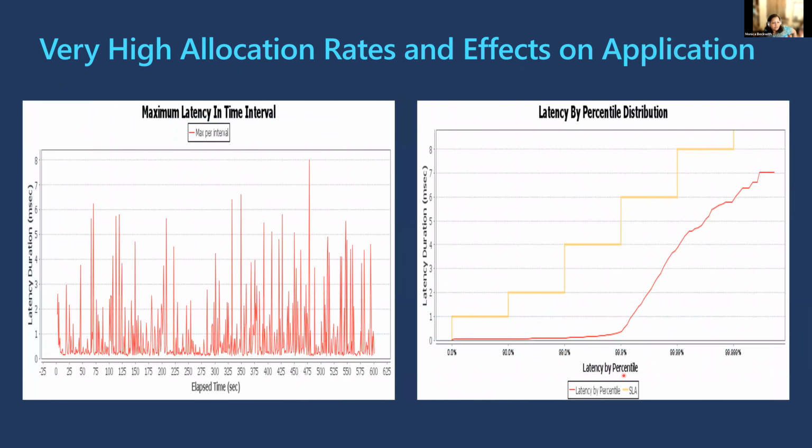How does this allocation rate affect the application? As you can see, applications are seeing less than 8, so the worst case is 8 milliseconds. So even the application sees less than 10 milliseconds, even though I screwed the allocation rate so much and tried to handicap the garbage collector. It still did not let the application observe those kinds of issues, right?